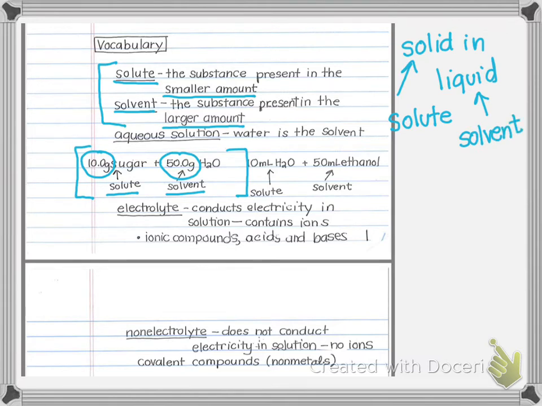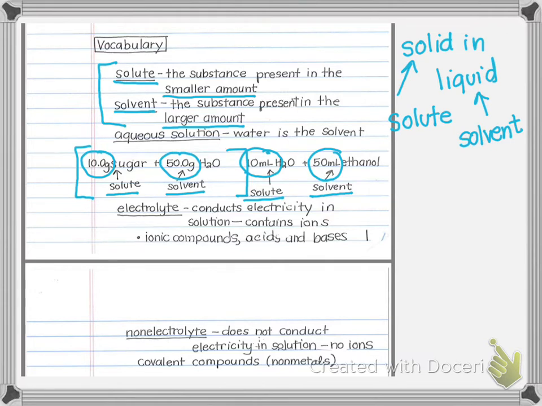Now, when you have two liquids, it's a little bit harder, and that's this next example. In this example, I have 10 milliliters of water and 50 milliliters of ethanol. So remember, the definition of the solute is that it's in the lesser amount. So the 10 milliliters would be the solute, and the larger amount, the solvent, would be the 50 milliliters. Now, water is a very common solvent.